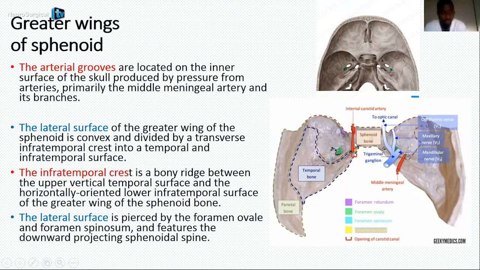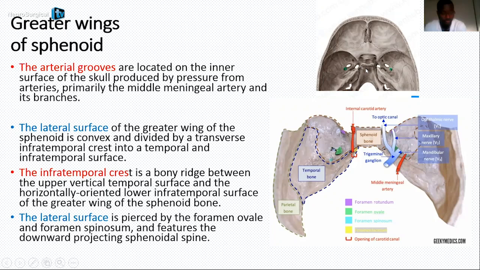The lateral surface is pierced by foramen oval and foramen spinosum, like I show, and features the down projecting sphenoidal spine. It is the rotundum, spinosum.